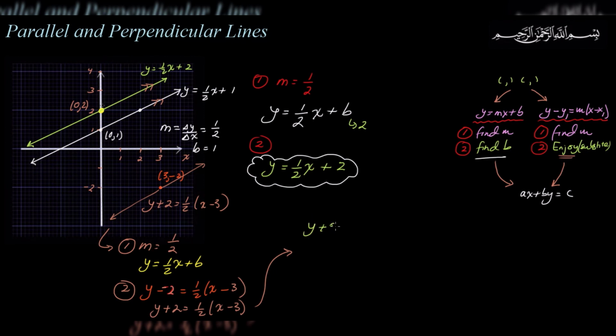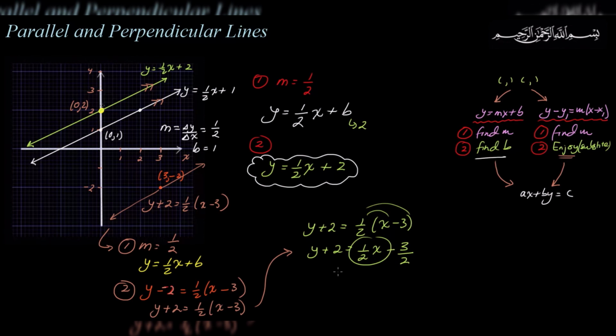So y plus 2 is equal to 1/2 the quantity x minus 3. I'm going to manipulate this so that it looks to be in the standard form. So I distribute this. So y plus 2 is equal to 1/2 x minus the 1/2 times -3, which is simply 3 over 2, like this. And then to put it in the standard form, I bring this over here, or I can bring the y over here.